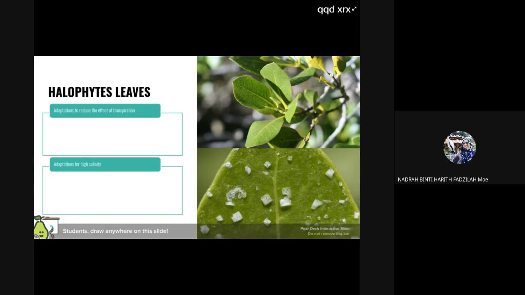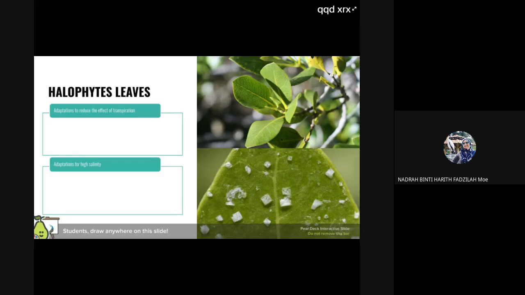And then the environment of the Helophytes has high salinity atau high salt concentration. Salinity tu basically salt concentration lah. So gambar yang saya tunjuk kat situ ialah gambar daun Helophyte, daun pokok kayu bakau yang ada butir garam kat situ.